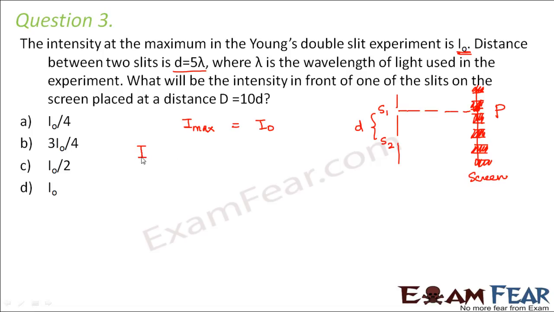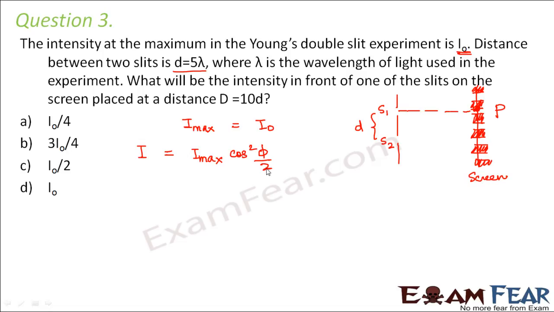So we know that in general, how do we find out the intensity of the interference pattern? If you want to find out the intensity at any point on the interference pattern, you use this expression: I is equal to I max cos square phi by 2. We have already learned about it, right?